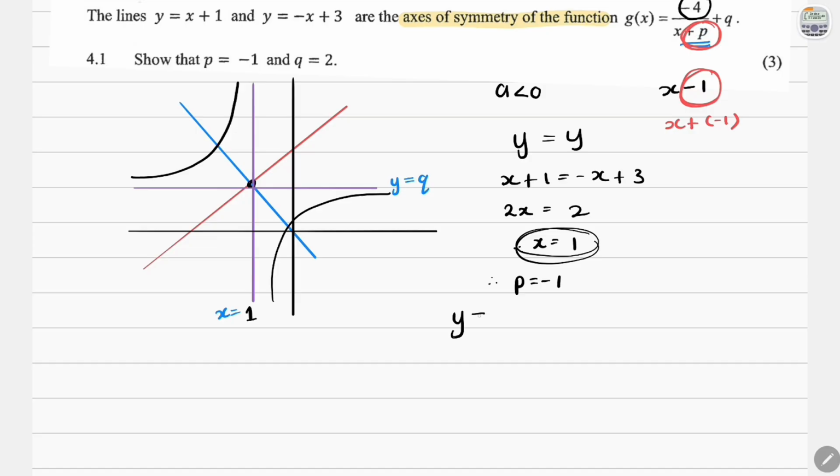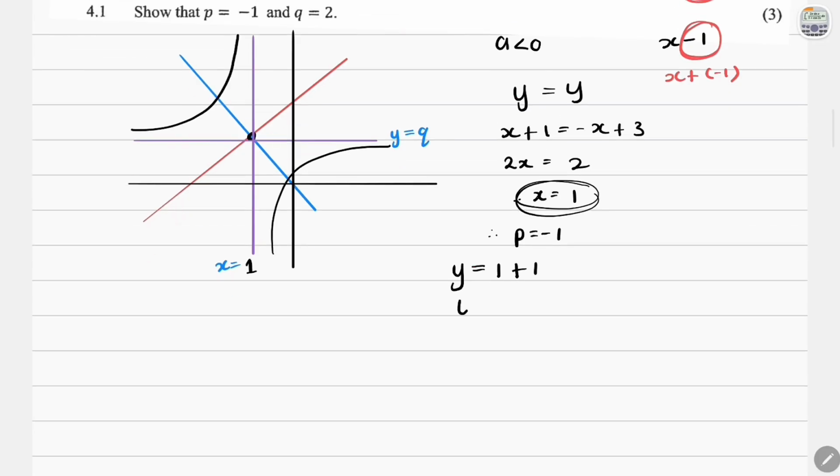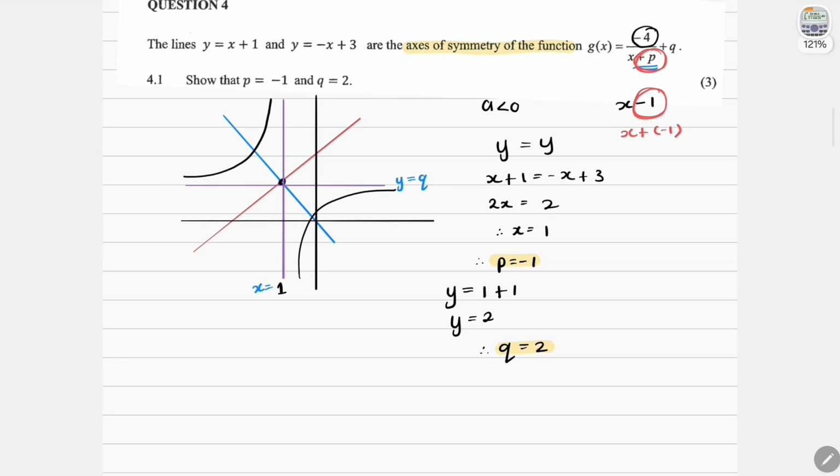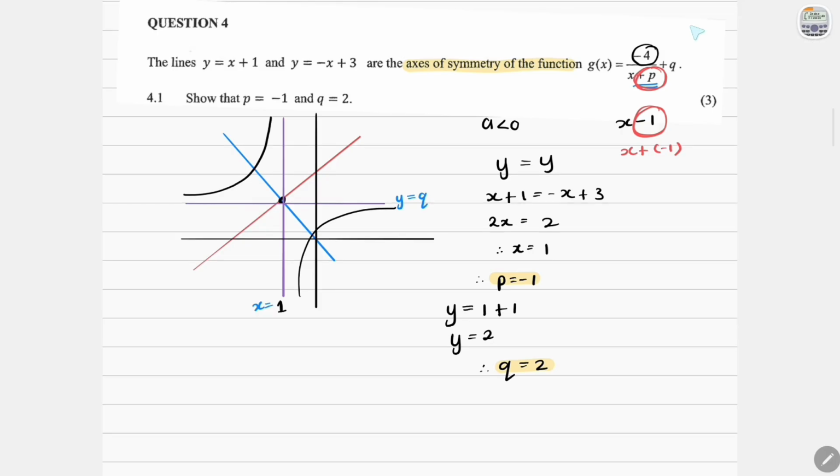So we can simply say y is equal to, and we'll say 1 plus 1 using this equation. And so y is equal to 2, and this means that q is equal to 2. And that is our answer. p equals negative 1, while q is equal to 2. And moving on to the next question.